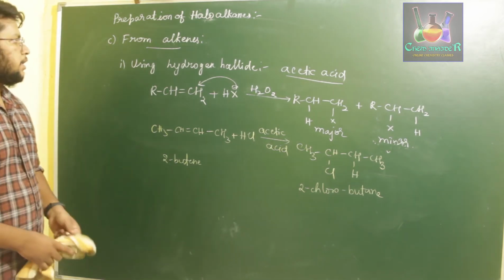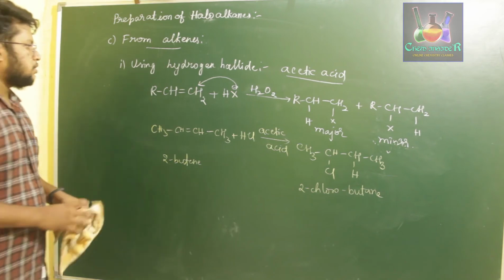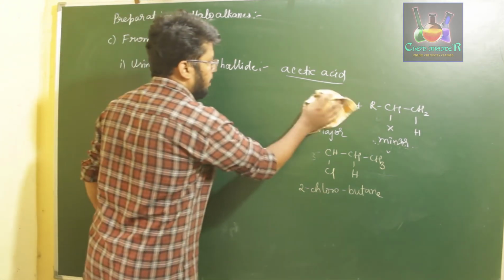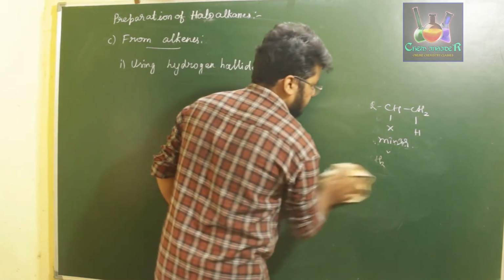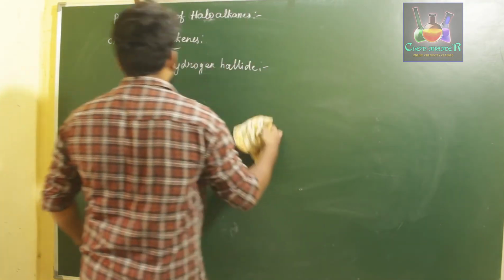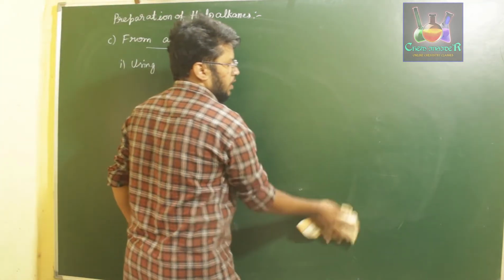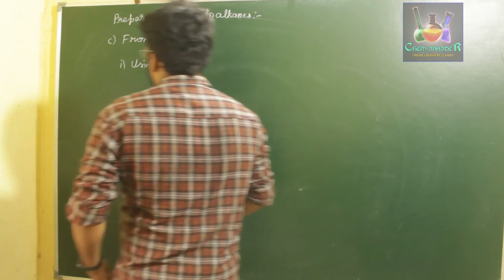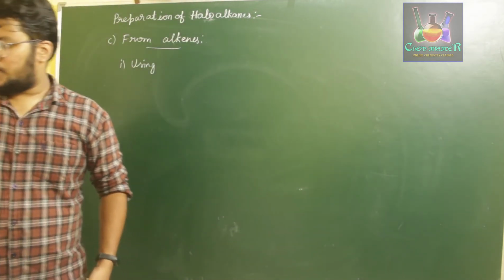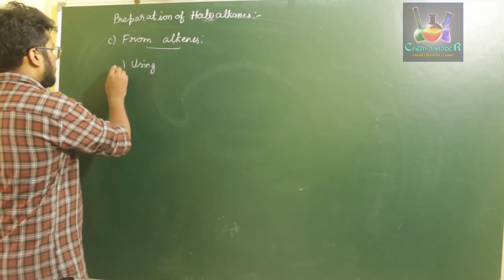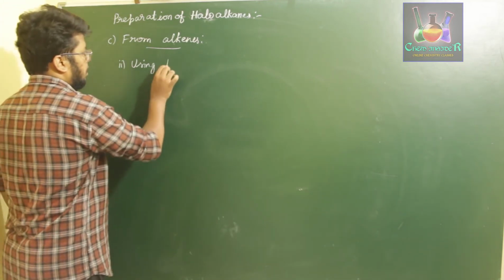Next, we are going to treat alkenes with a different compound, that is, a halogen molecule. If we have to prepare dihaloalkanes, then we can use alkenes, treating them with a molecule of halogen. So this is the second method, using halogens.